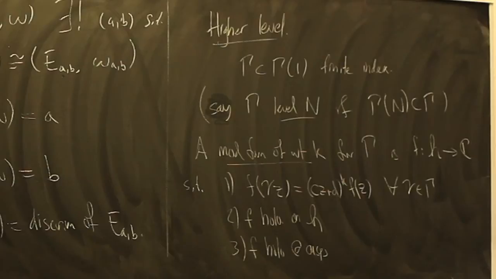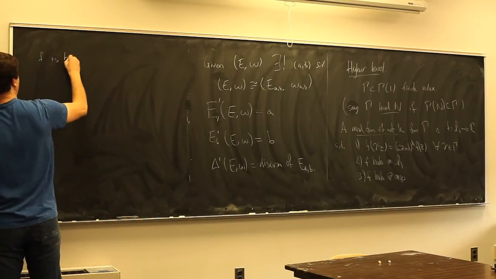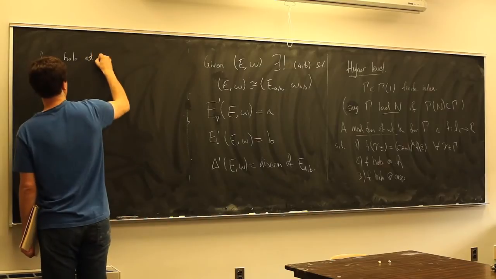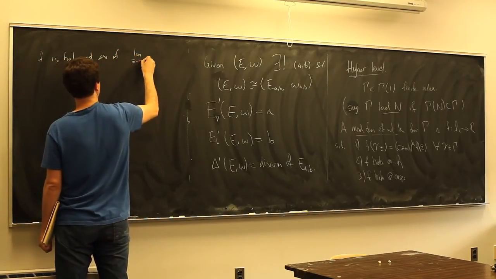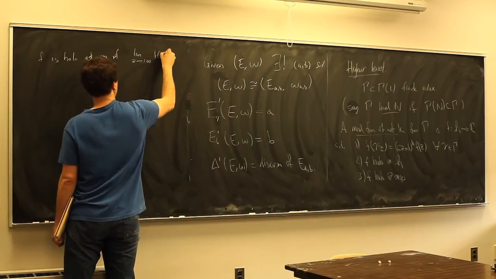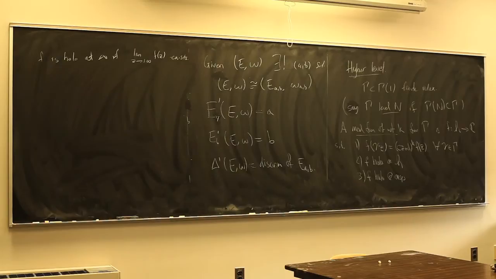So let me elaborate on the last condition, holomorphic at the cusps. f is holomorphic at infinity if this limit exists. And then at the other cusps, you can translate by an element of SL2(Z) to move them to infinity and get the defining condition.